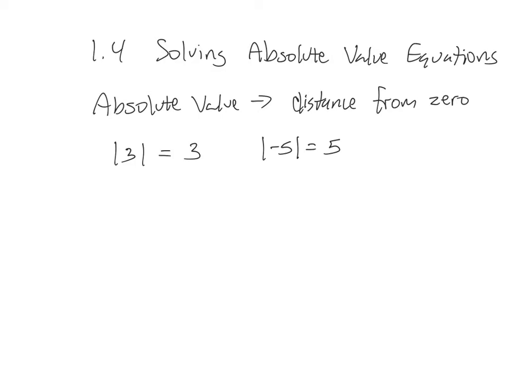Okay, so regardless of positive or negative, it's still going to be the same distance. If you had -5, it's 5 spaces from 0, but so is positive 5.